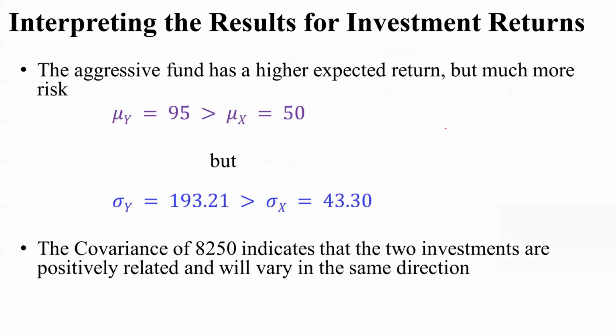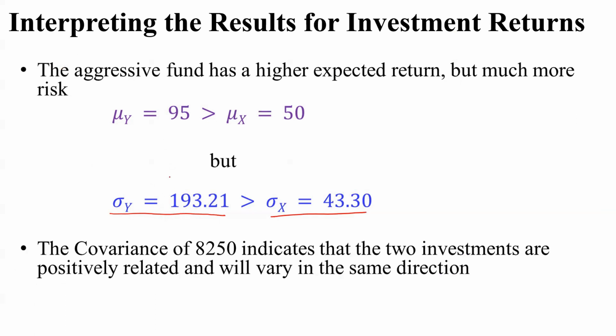Now if you look at the risk, you can see that the aggressive fund, even though the return is higher, has a standard deviation value higher than the standard deviation of the passive fund. So this indicates the risk value.